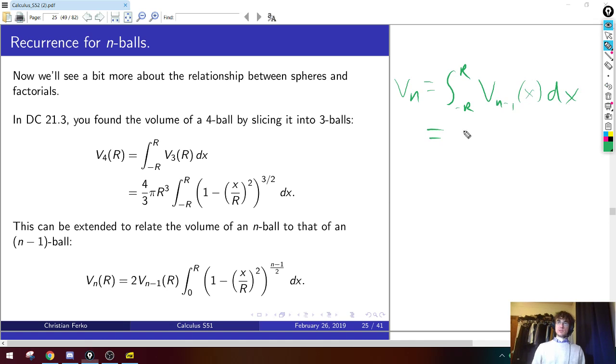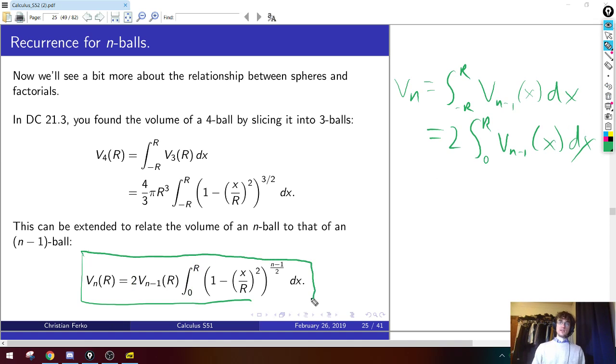Then by symmetry, we know that this will only involve squares, and squares are even functions, so instead of going from minus r to r, I can just say this is twice the integral from 0 to r of the (n minus 1)-ball volume in x, dx. I've pulled out the 2, used the symmetry to kill the negative bounds of integration, and written this formula here, where the only thing that changed is that these powers now depend on arbitrary n. Okay, so is the idea of that slicing to get that formula Gucci for you?